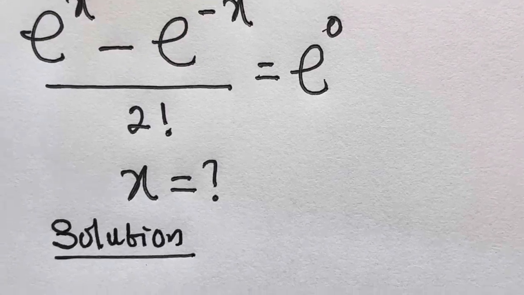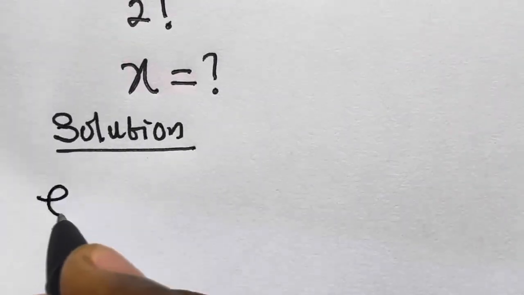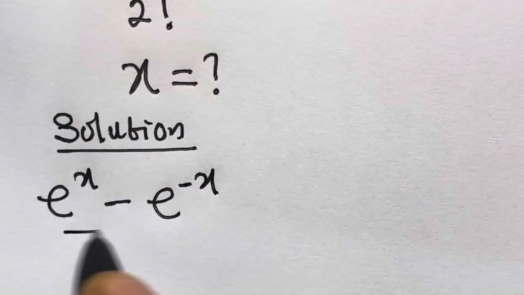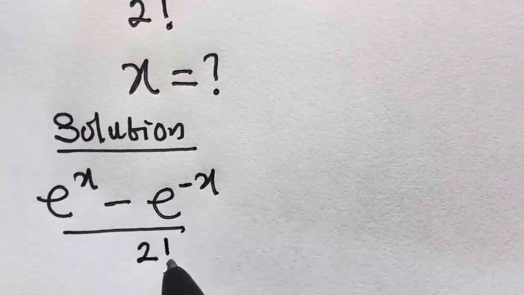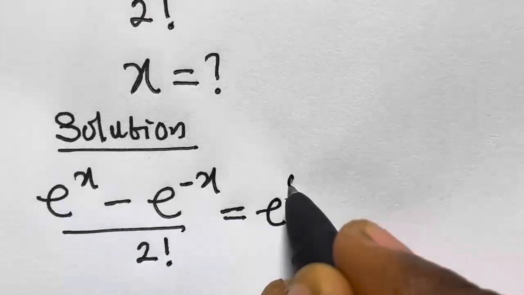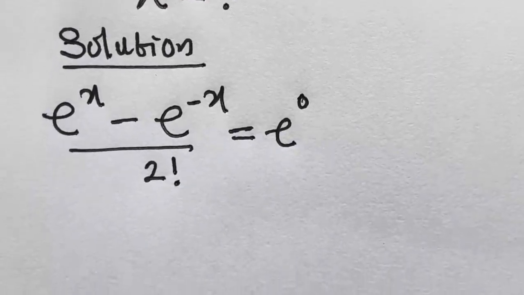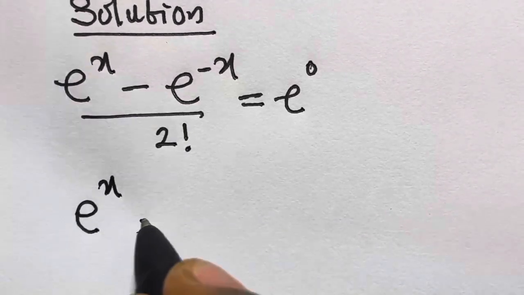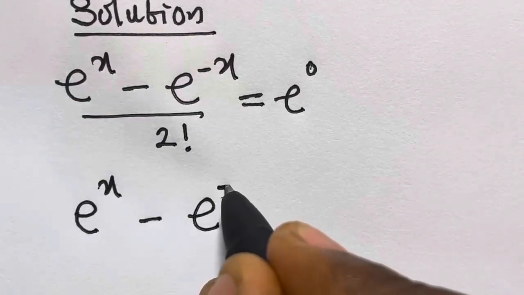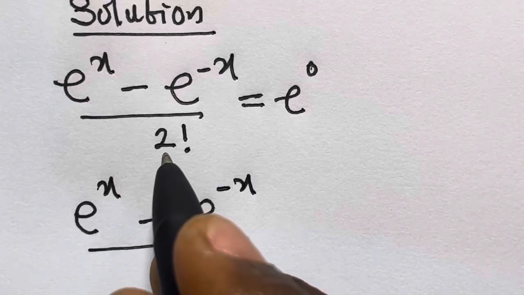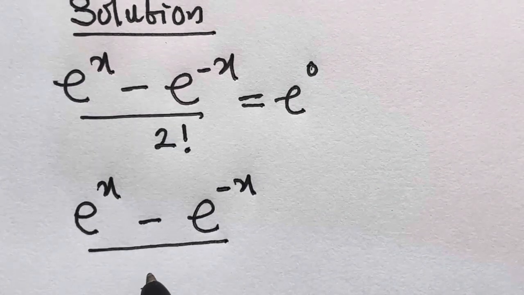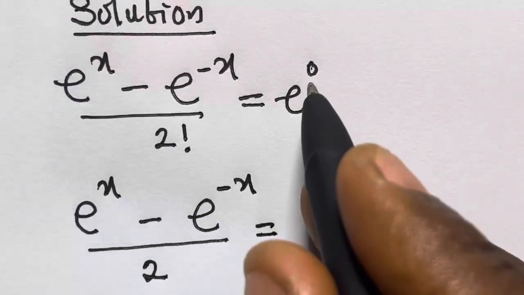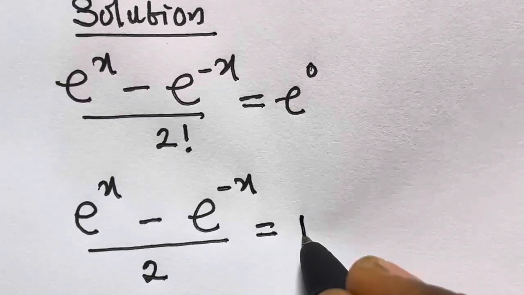We have (e^x - e^(-x)) divided by 2 factorial equals e raised to power 0. From here, we know 2 factorial is 2 times 1, and that becomes 2, and e raised to power 0 becomes 1.